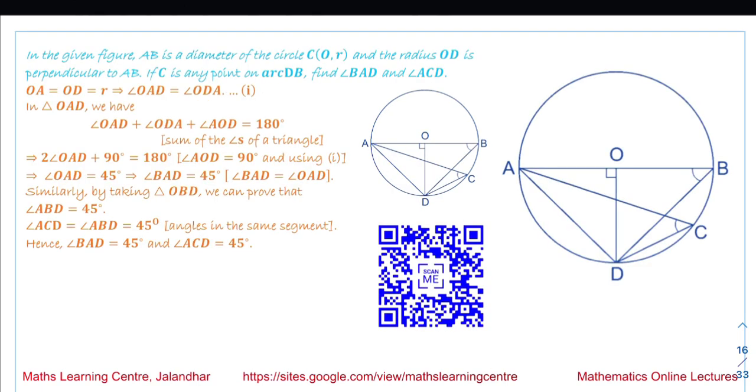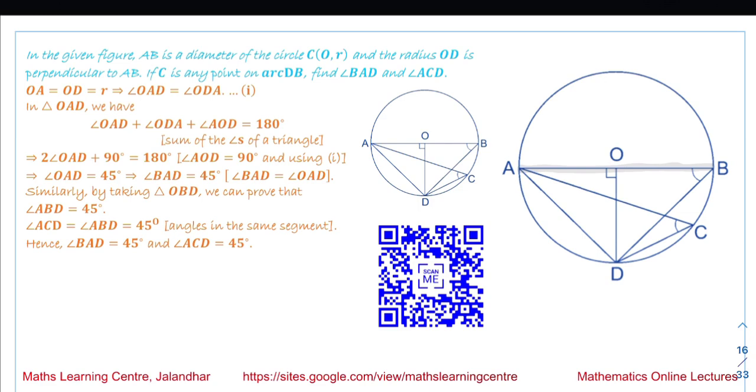Now in this next question, we are given AB is the diameter of the circle, and radius OD is perpendicular to AB.